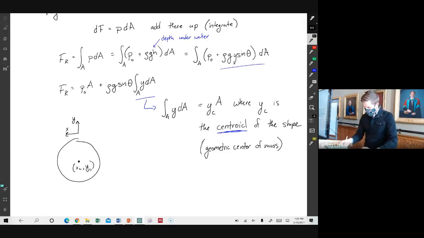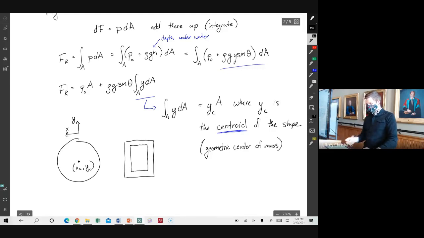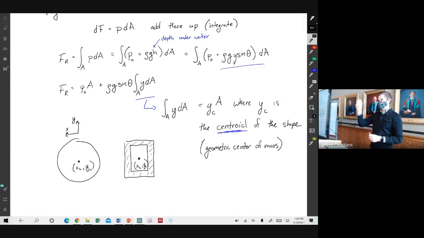If you had a shape like this, I don't know why you would, but if that's your shape, right there would be xc, yc. It's the center of the area of the shape.